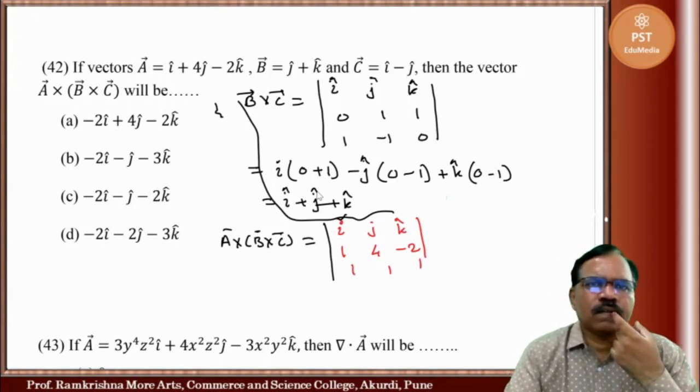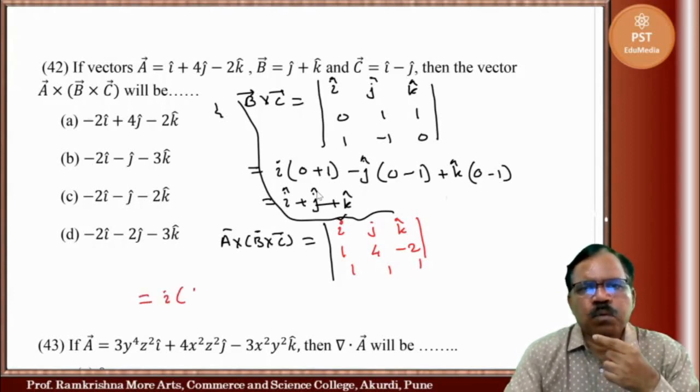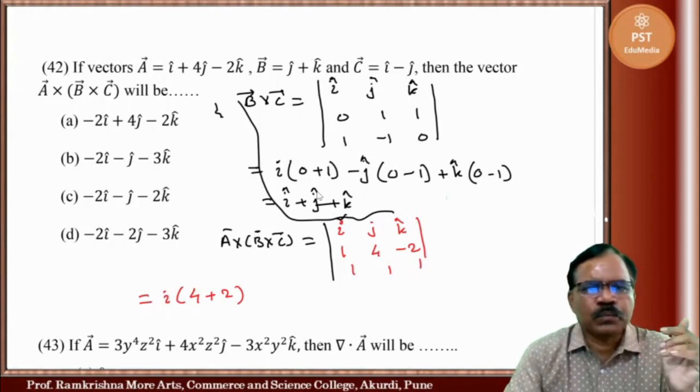Sorry, so we get here i, 4 plus 2, 4 into 1, 4, minus 2 into minus 2.